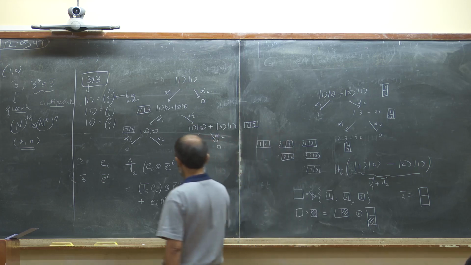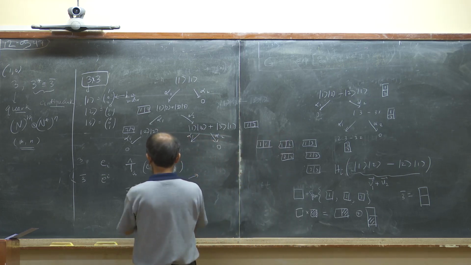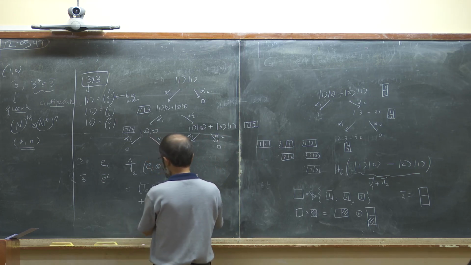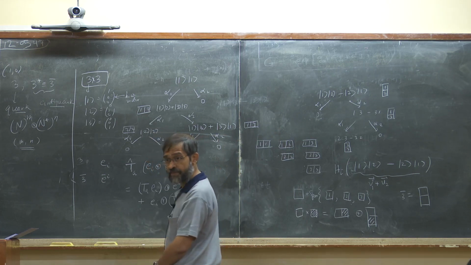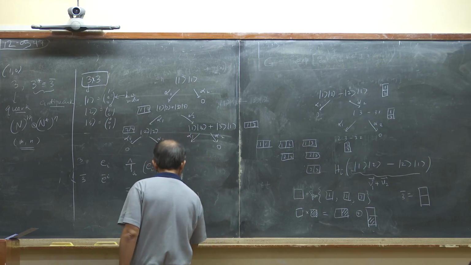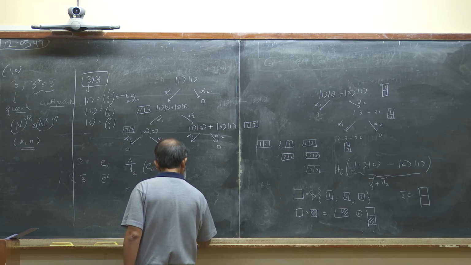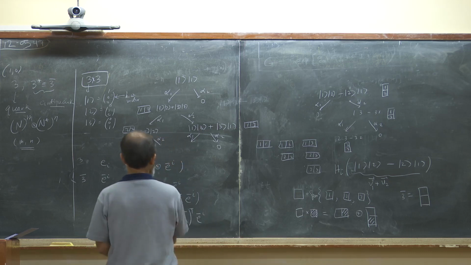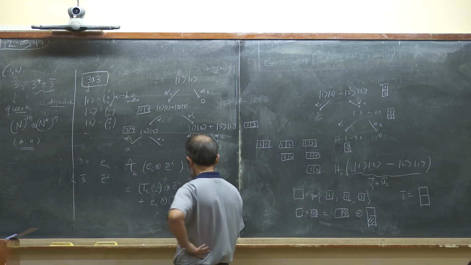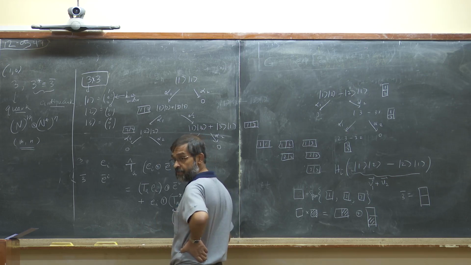Now, you can easily show that this up and down essentially means the following. Let me do one more step. Here this acts like that. Now, this is a transpose.